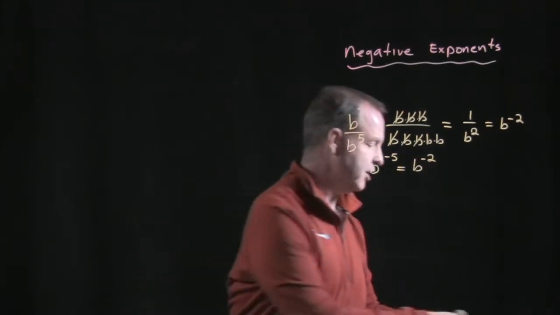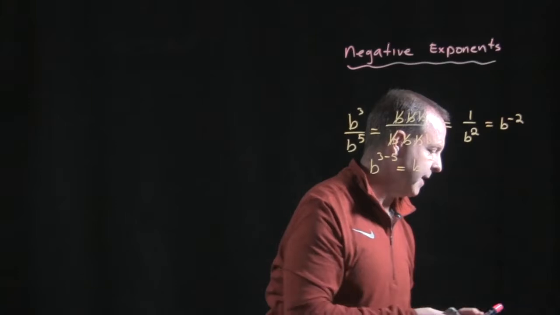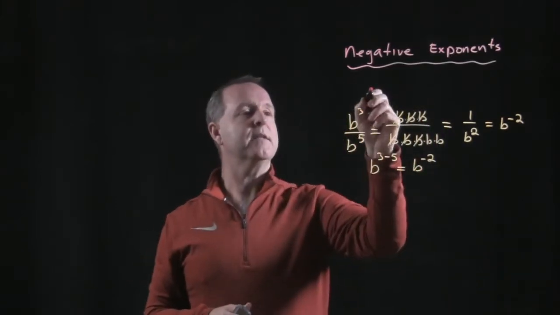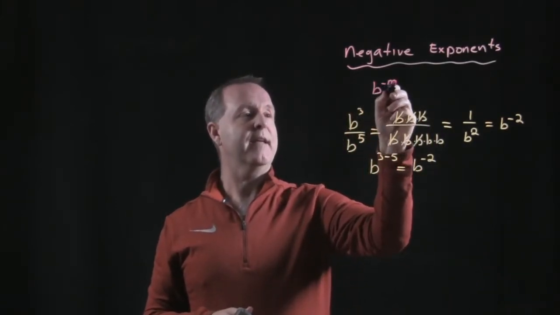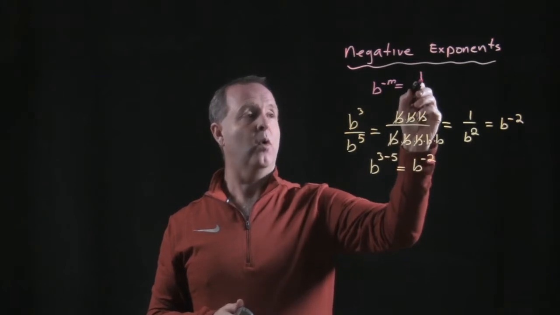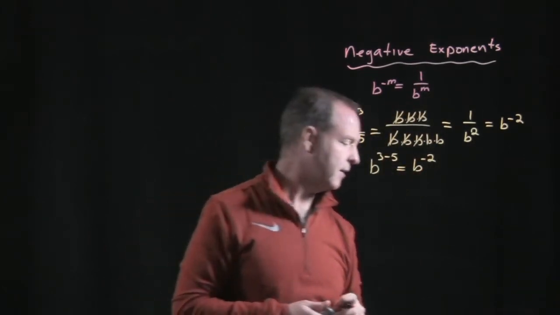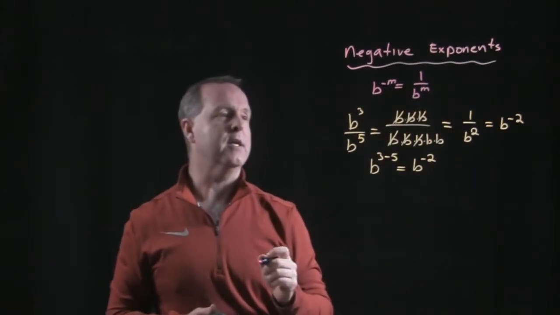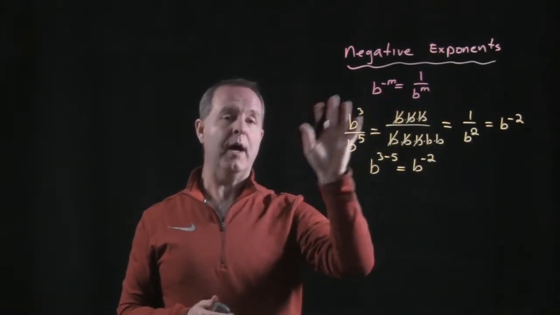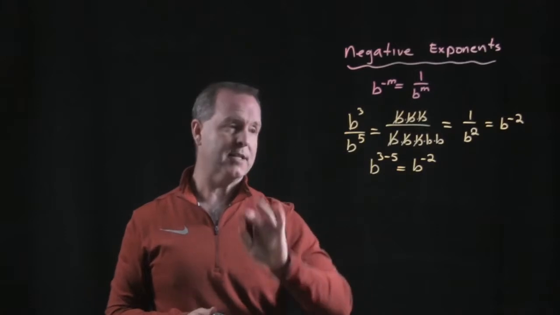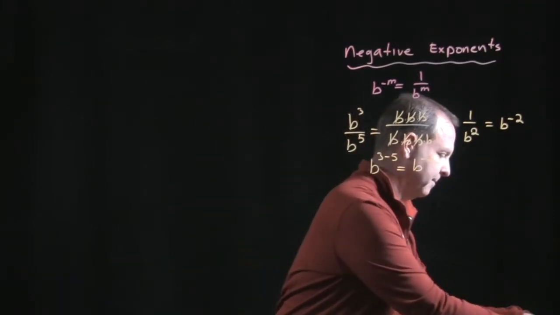So that relationship right there helps us identify a rule that if we have some b to the negative m, that equals 1 over b to the positive m, or whatever exponent that we might use. So that rule will help us to deal with negative exponents when we should discover them.